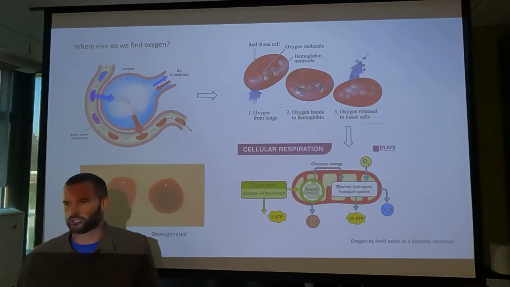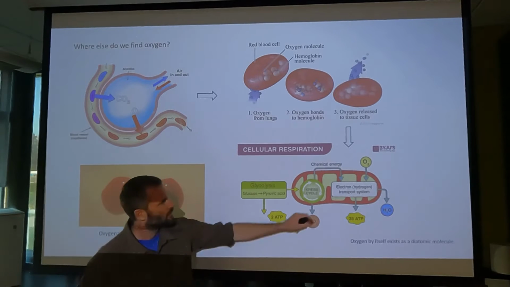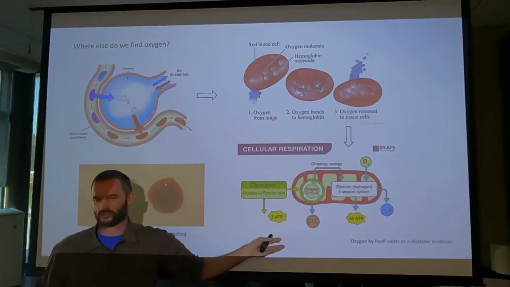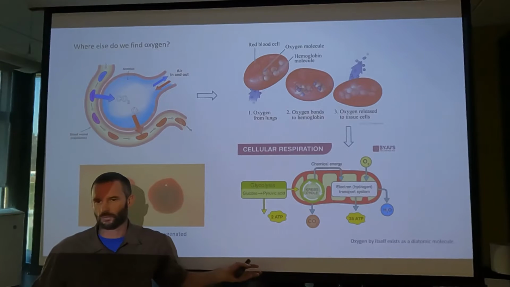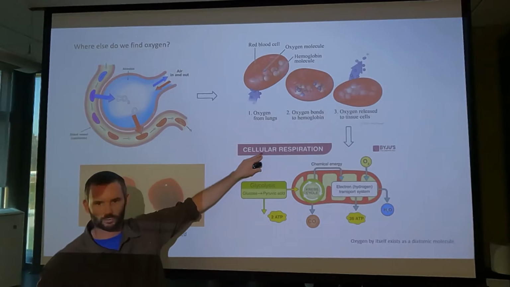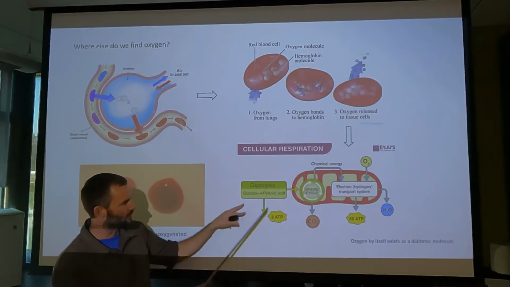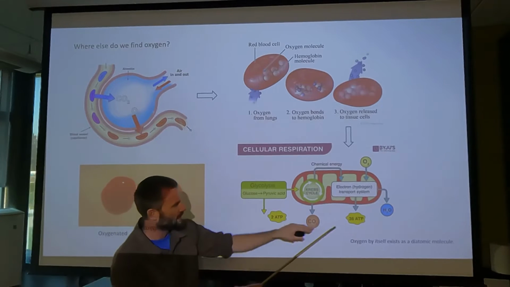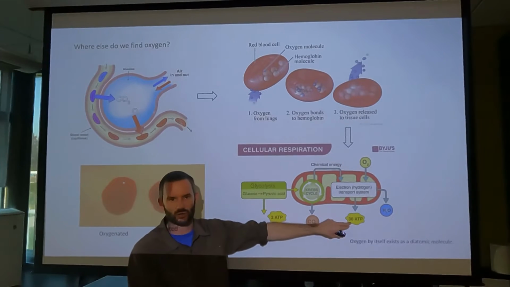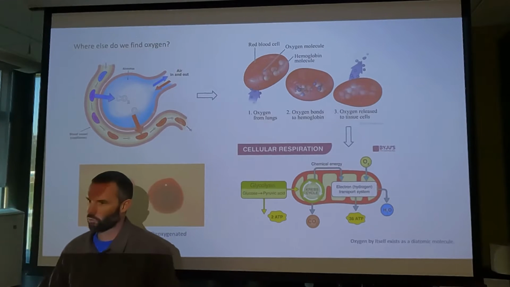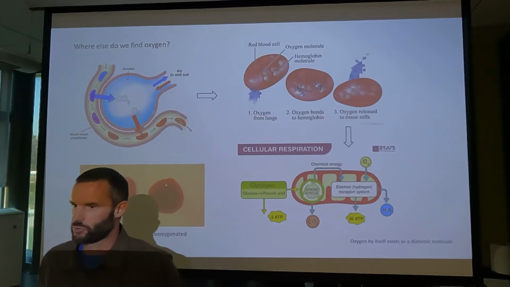And what's the cell going to do with it? The cell uses oxygen. It requires oxygen for a really important cellular process that we're going to get into the details of later in the quarter, cellular respiration, where we're essentially taking glucose and converting that to adenosine triphosphate, ATP, which is the chemical form of energy that all living things use.